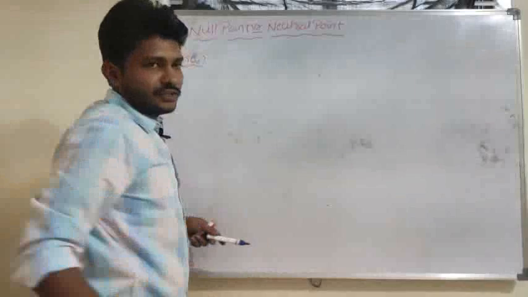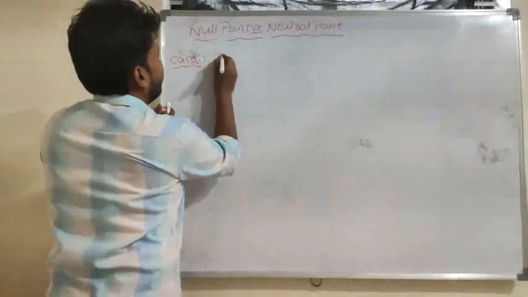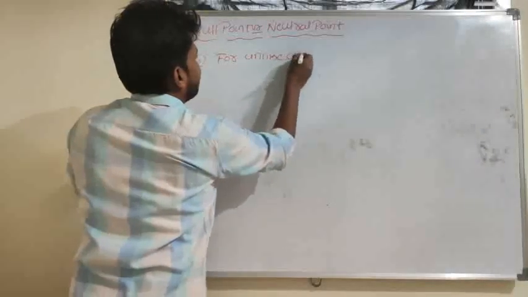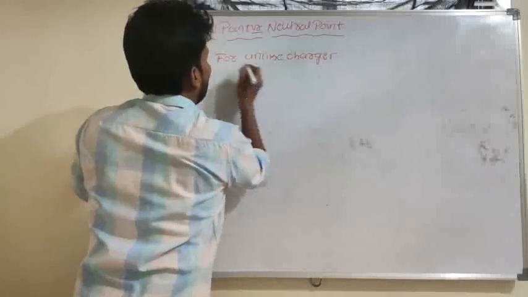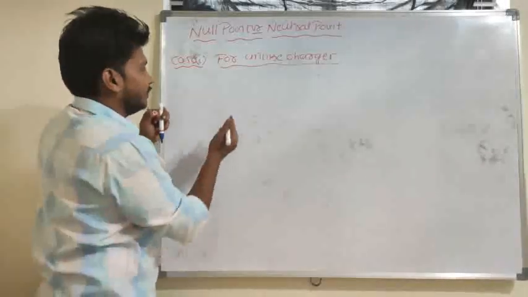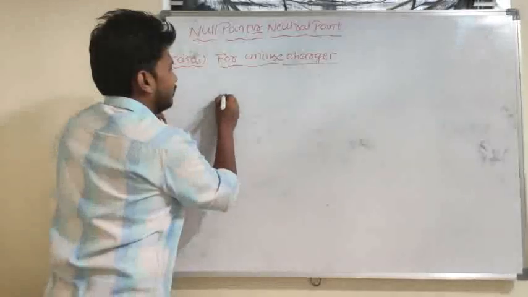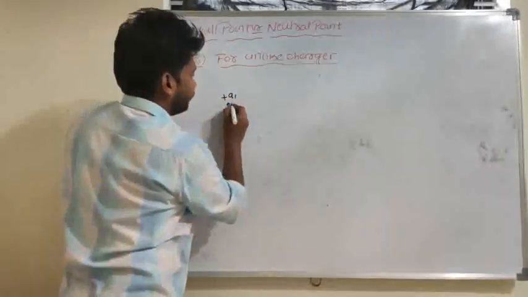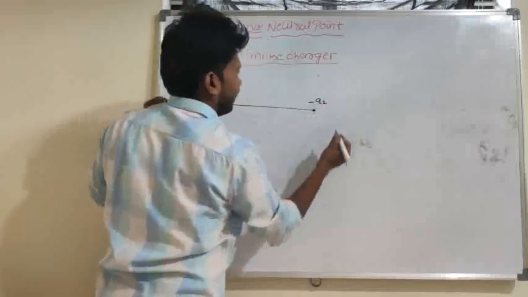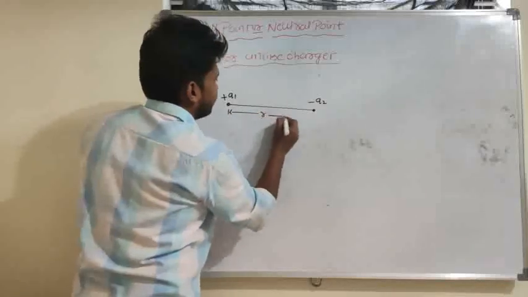So for unlike charges, let me solve the equation here. Unlike charges means one is positive and another one is negative. Let me consider two charges here. For example, this is plus q1 and another one is minus q2, and the distance between these two charges is r.